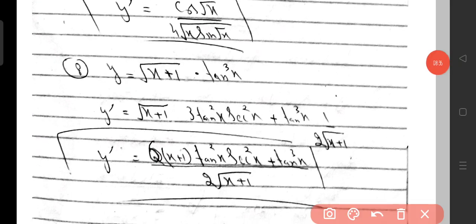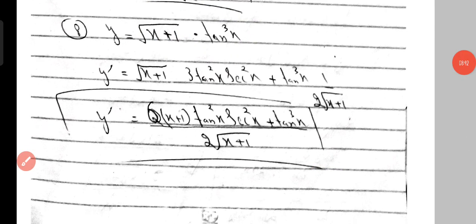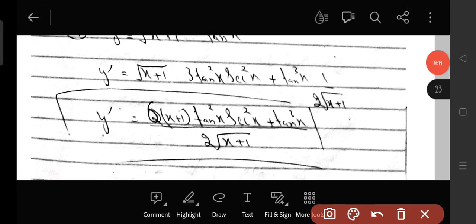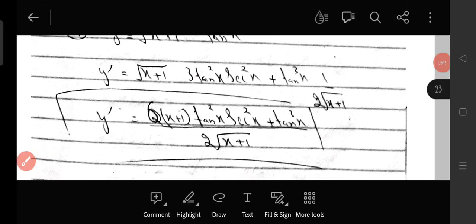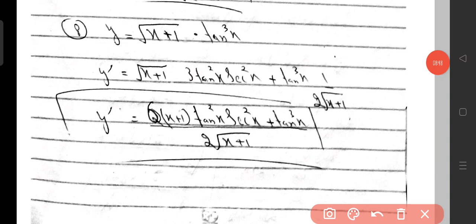Next is y is equal to under root x plus 1 tan cube x. Apply the product rule here, u same, the derivative of v, which is tan cube x.